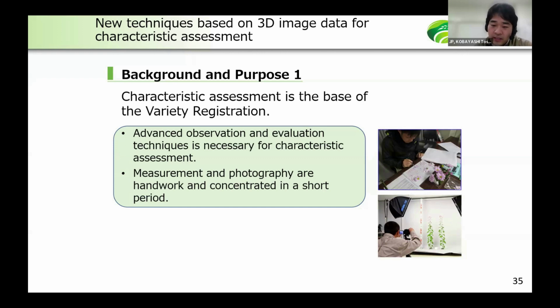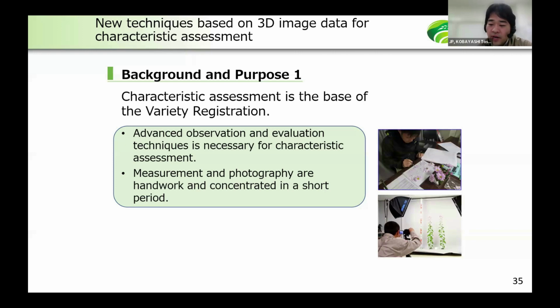On the other hand, the characteristic assessment requires advanced observation and evaluation techniques. In addition, the current characteristic assessment involves time-consuming measurement of plant and photographing, as shown in these images. These measurement and photographing need to be concentrated in a defined short period of time, such as flowering season.